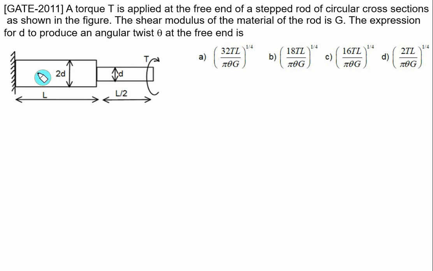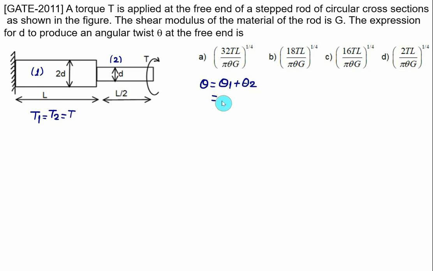This one is shaft 1, this one is shaft 2. In this case only one torque is applied, so we have T1 equal to T2 equal to T. So we have total value of theta equal to theta 1 plus theta 2.